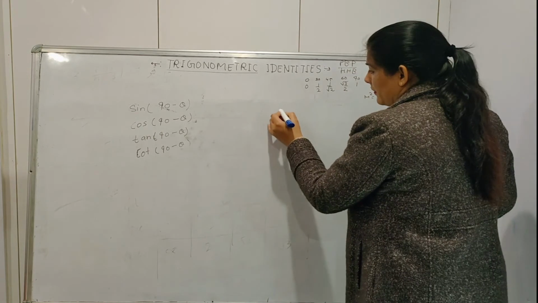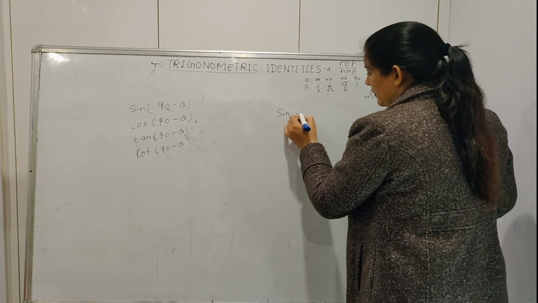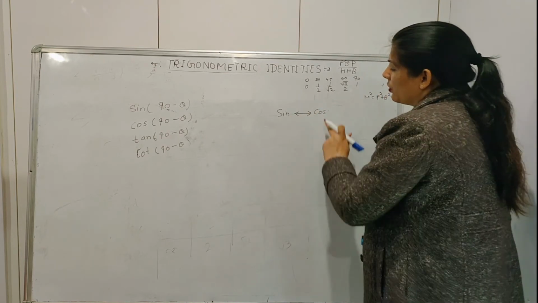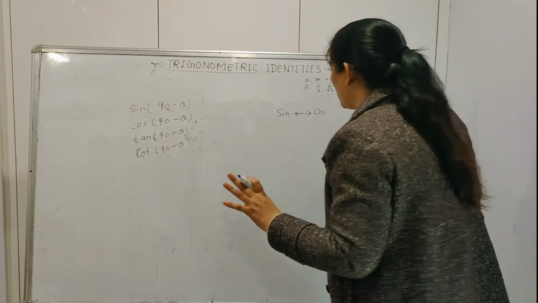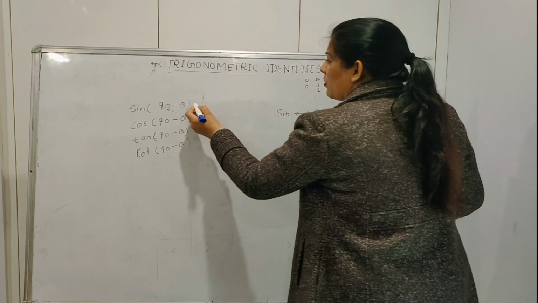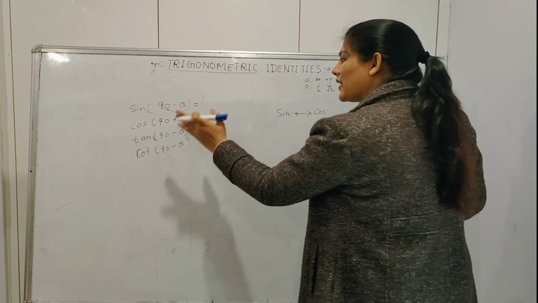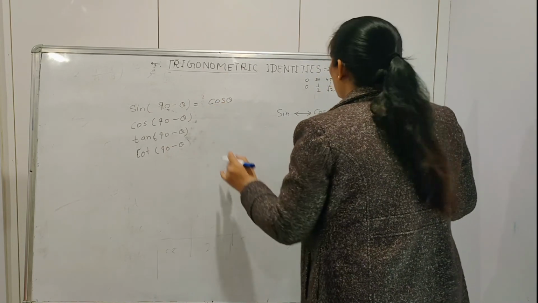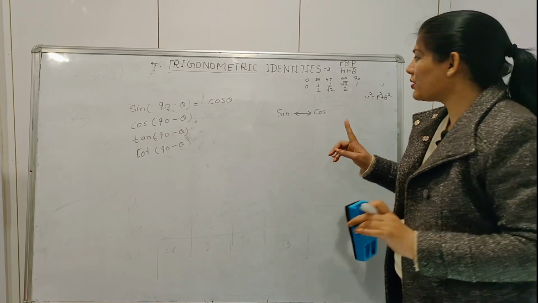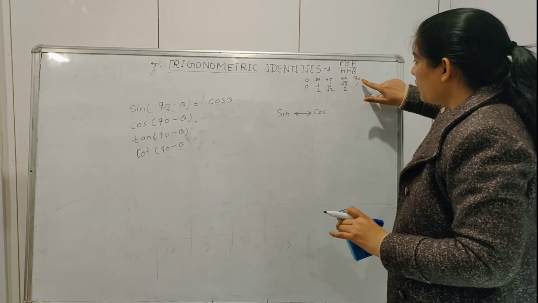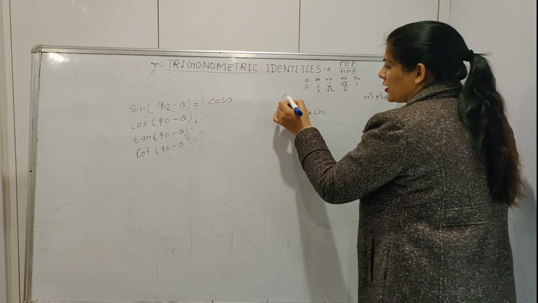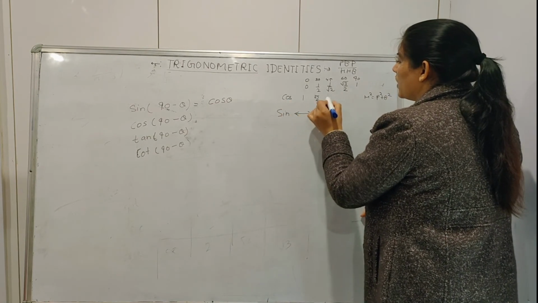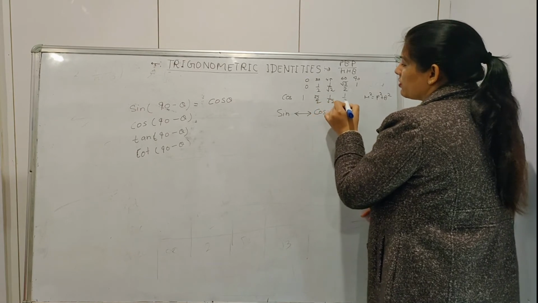What are they? Sine will change into cos and cos will change into sine if you are finding the complement of the angle. So sine 90 minus theta is equal to cos theta, and you can see that from the table also, because I have told you that if you write the values of cos here, you write them as 1, root 3 upon 2, 1 upon root 2, 1 upon 2, and 0.